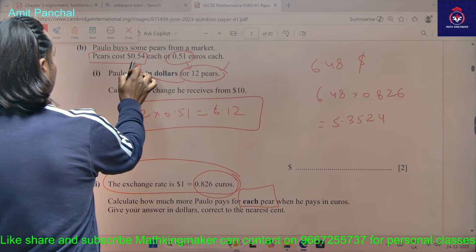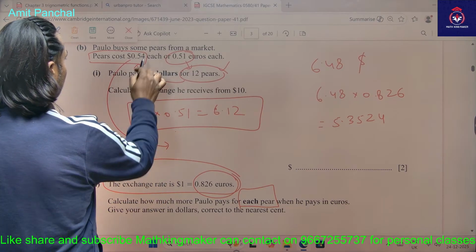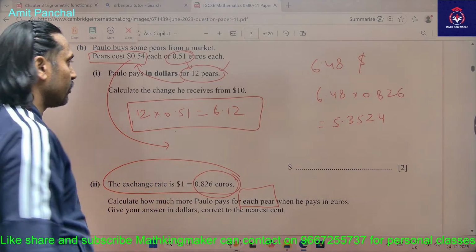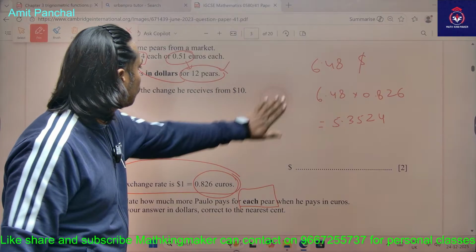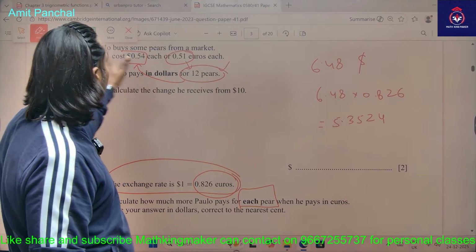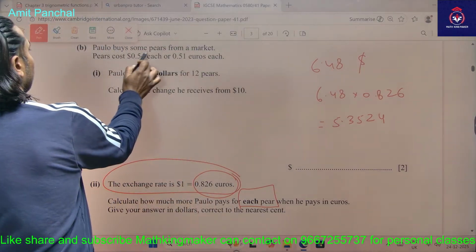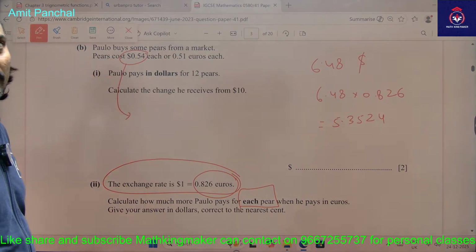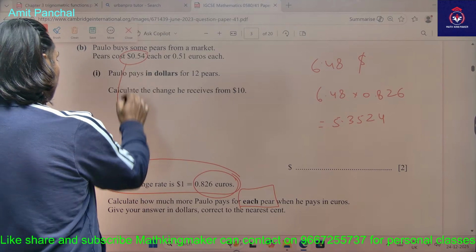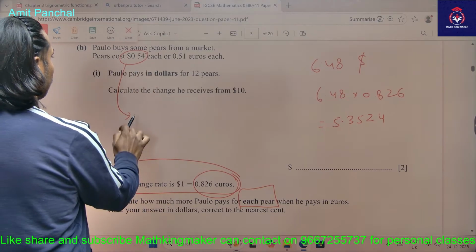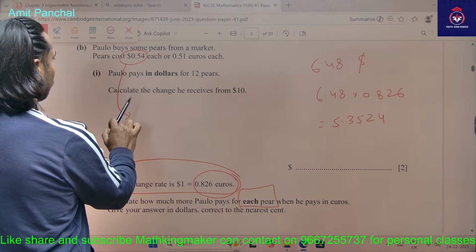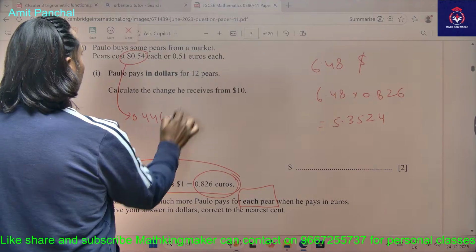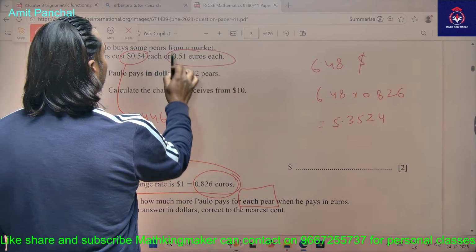Okay, so if you convert this $0.54 into euros, how much is it coming to? It's 0.44604. And the price for one pair in euros is this one.